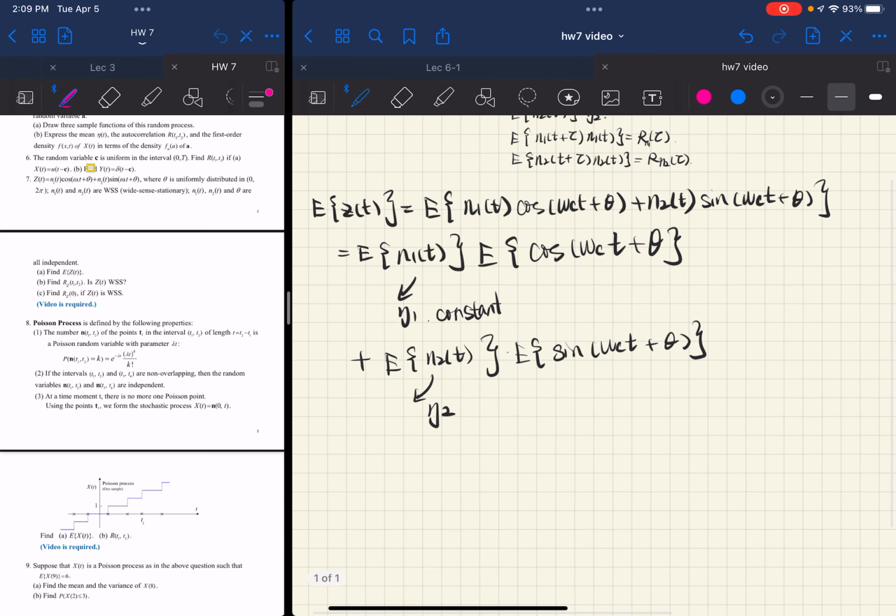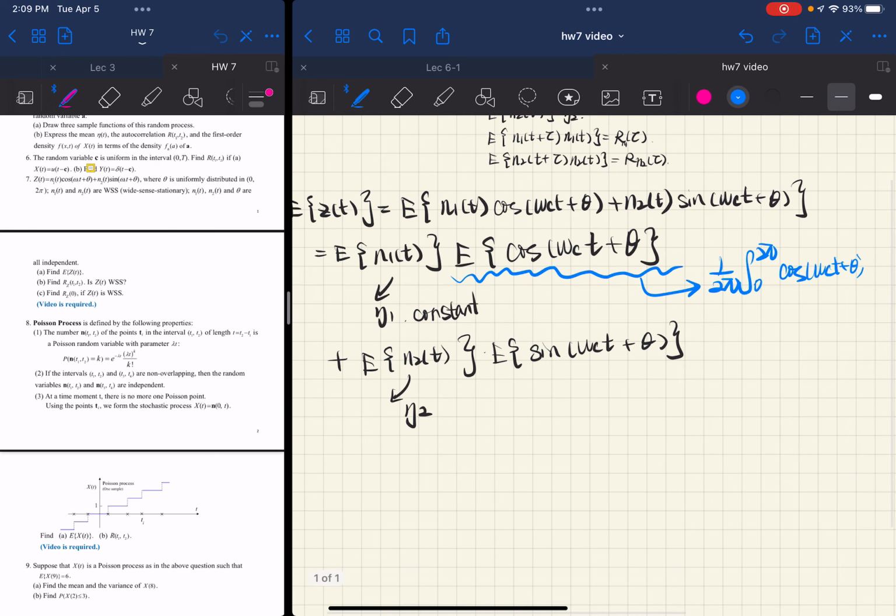And the expectation of cosine is equal to 1 divided by 2 pi times the integral from 0 to 2 pi of cosine omega c t plus theta d theta, and since it is a periodic function, this term equals 0.